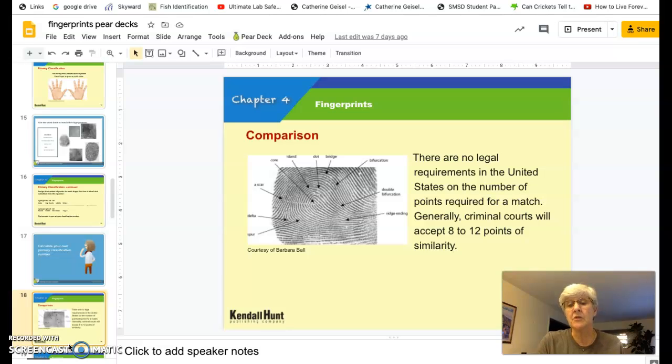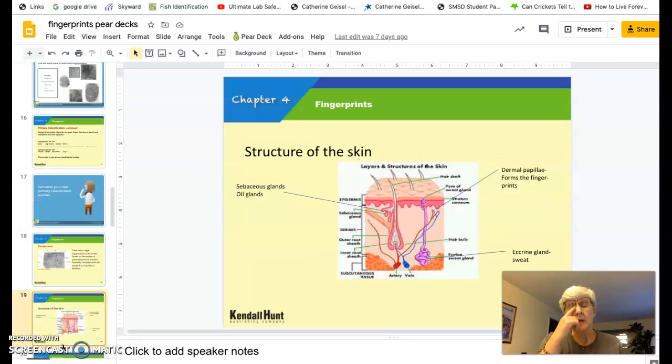Generally in the criminal court system, we'll accept 8 to 12 points of similarity. So not only the loop or the whirl, but the individual minutia, you need 8 to 12 of those to make an actual match.